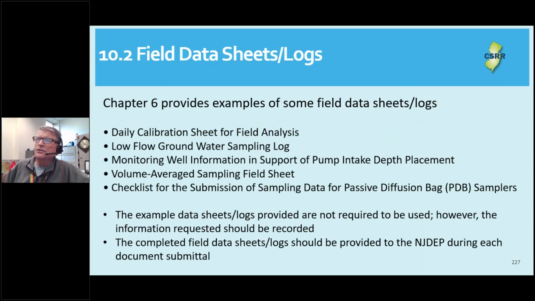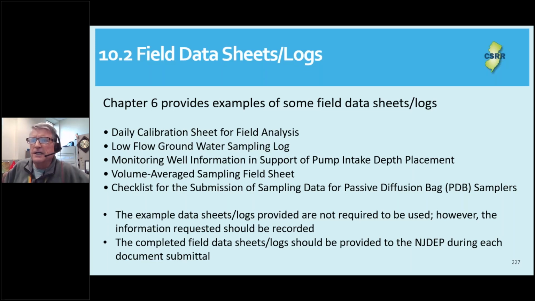Chapter 6 has several examples of the field data sheets and logs. They include a daily calibration sheet for field analysis, a low flow groundwater sampling log, monitoring well information in support of pump intake depth placement, a volume average sampling field sheet, and a checklist for submission of sampling data for the passive bag diffusion samplers, which were identified and discussed in previous slides in this particular presentation.